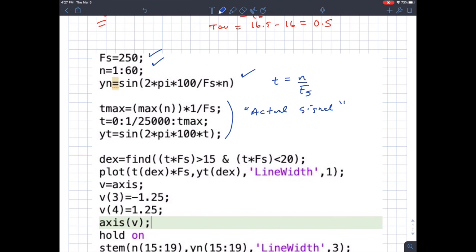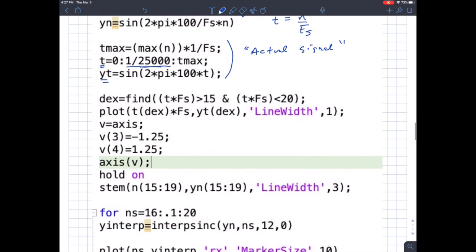So I have a signal called yt and a time vector t. Obviously that's sampled as well, but it's sampled at a much higher rate so that you get a nice, pretty plot of sine of 2 pi 100 t. The rest of this is just things I needed to do to make the plots look good.